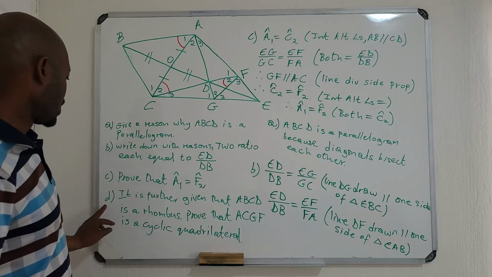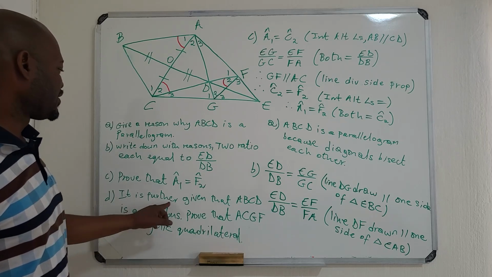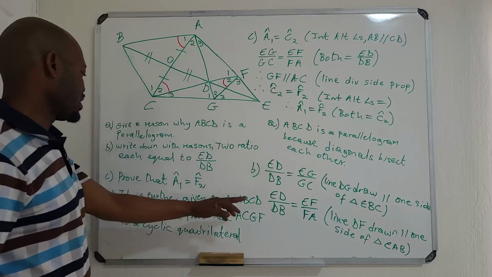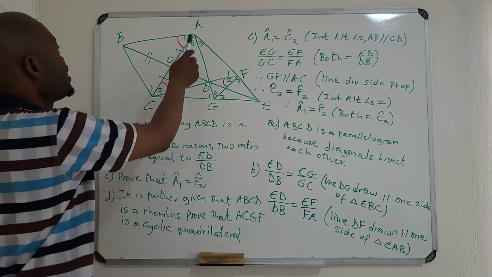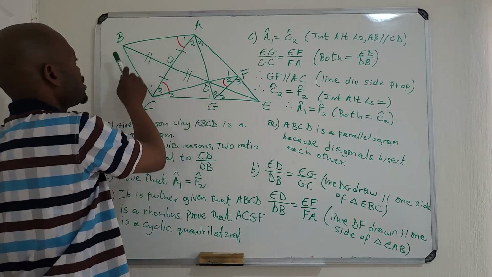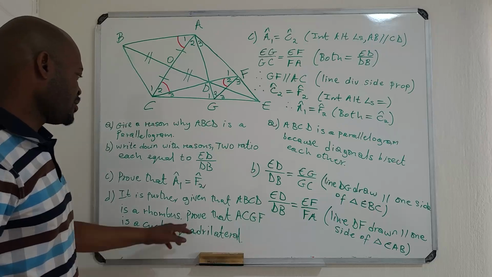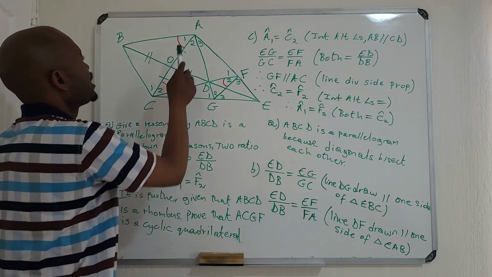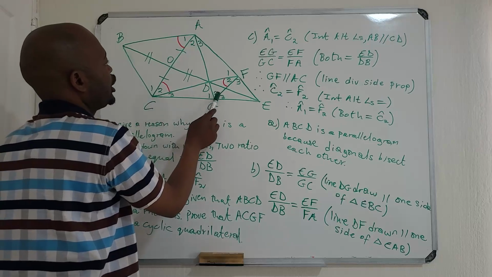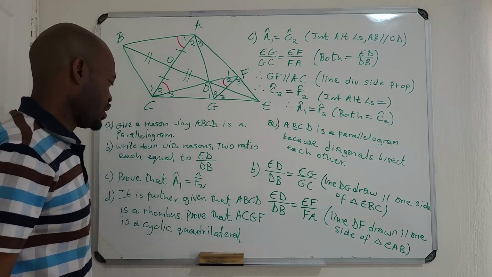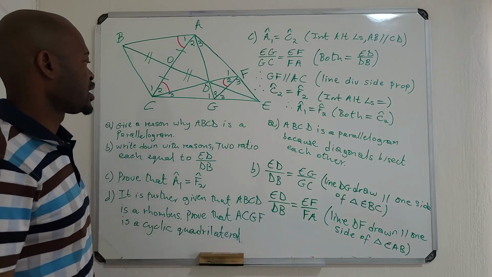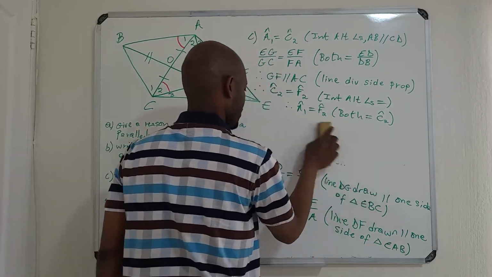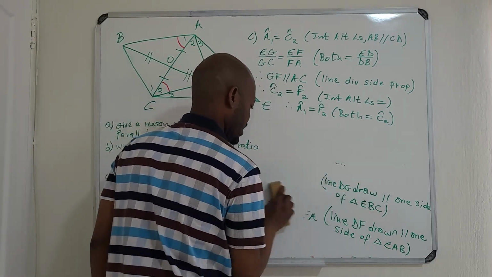Now, it is further given that ABCD is a rhombus. Then they say prove that ACGF is a cyclic quadrilateral. I'm going to remove here because I've already done that.